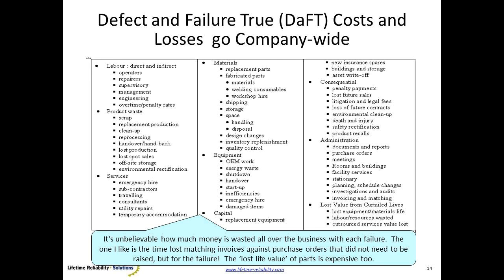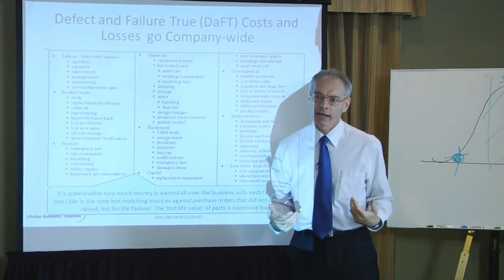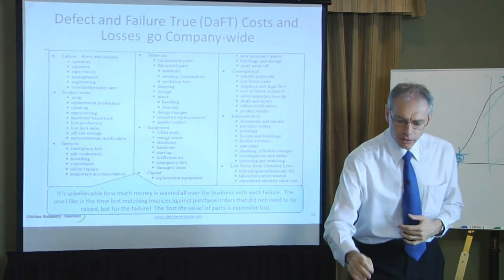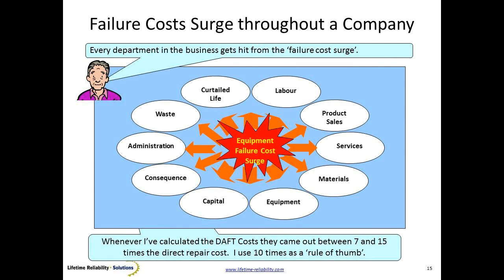One month after the breakdown, all the invoices come in from the contractors and from the suppliers of the parts. So now, one month after the breakdown's been addressed, the people in accounts are working on the breakdown, because they've got to match purchase orders against the invoice and pay the invoice, all because the break happened. So the truth is, when we have a breakdown, every department is affected.